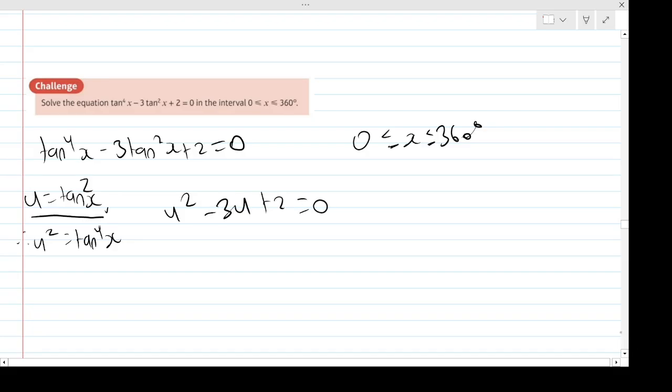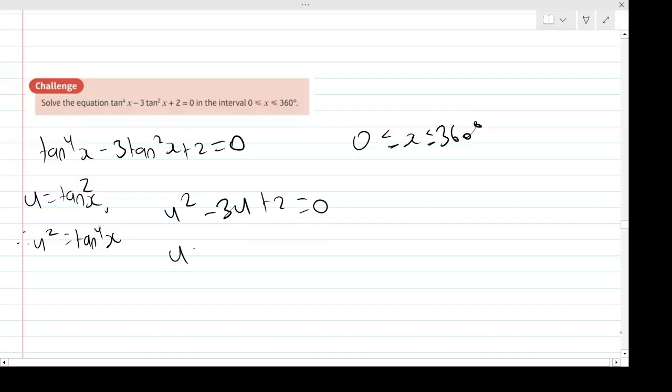So there we are. Hopefully you see that's probably the hardest bit, probably why it's a challenge question. Hopefully you're convinced that that is the quadratic we end up with, and you can see how we got to it. Anyway, we can solve this now in the usual way.